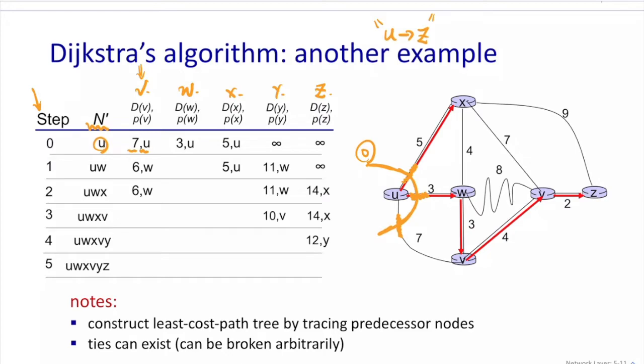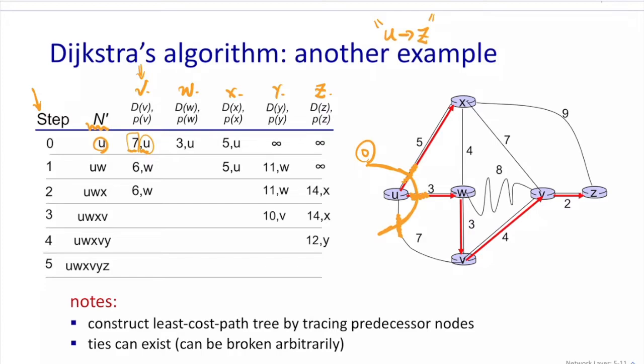The answer is yes. And how do you cross this boundary to reach V? That means you take a cost of 7 through U, and then you can cross the boundary, the orange boundary, to V.